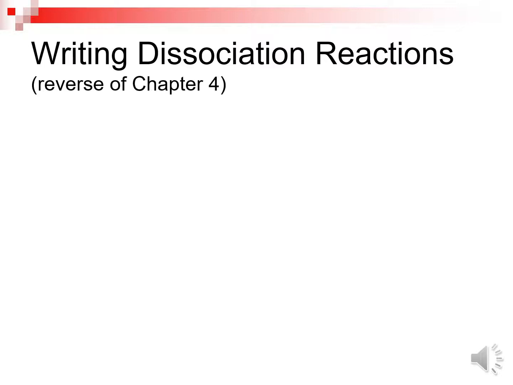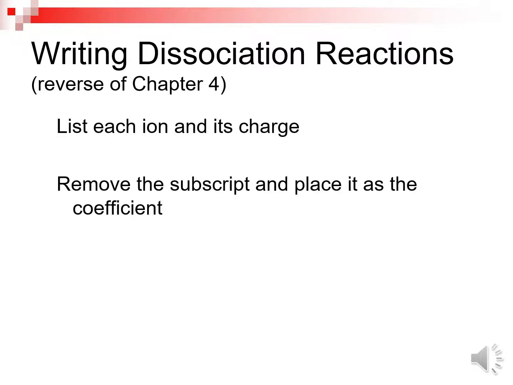If we write dissociation reactions, which is really just the reverse of what we did when we put ions together to make ionic formulas, we're going to list the separate ions and their charges. The subscripts in the chemical formula of the ionic compound are going to end up becoming the coefficients in the balanced dissociation reaction.